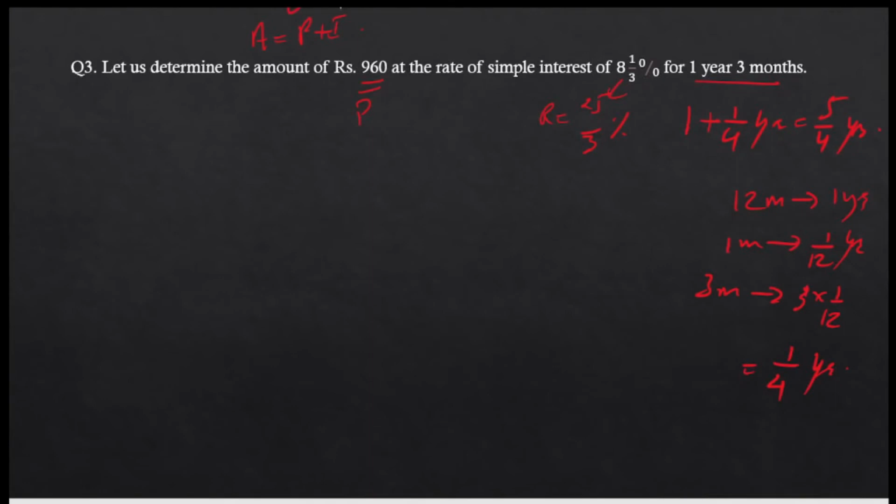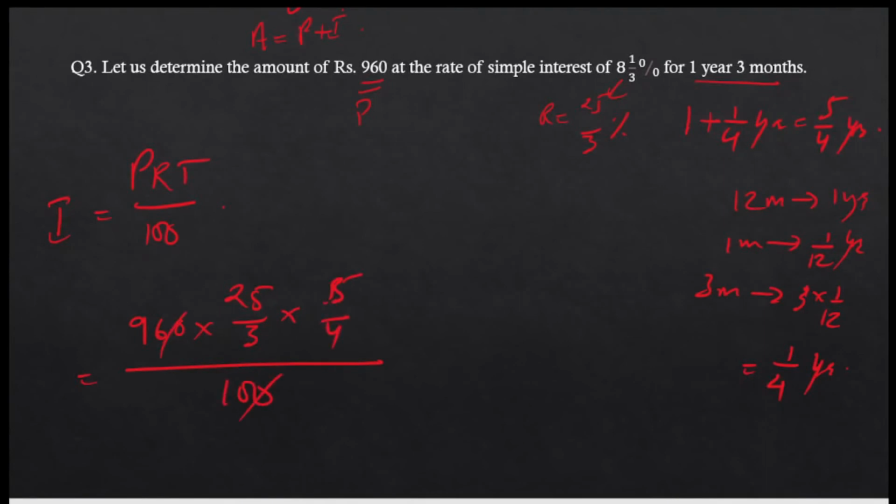We have got principal, we need to find interest. Interest is PRT over 100. P is 960, R is 25 by 3, time is 5 by 4, over 100. Cancel this 0, cancel this 0.